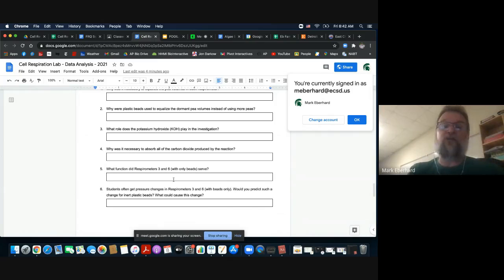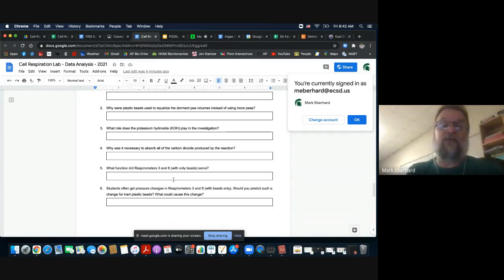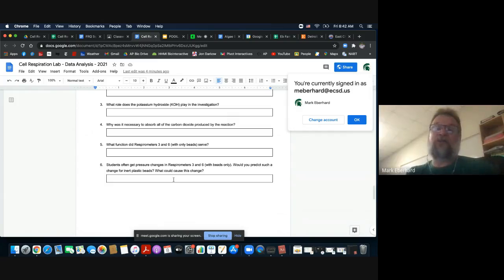Why was it necessary to absorb all the carbon dioxide? I just mentioned that. Respirometers 3 and 6 only had beads. I don't know if this came through. It was just a check on the room conditions. If there was any change in the respirometer with only beads, either you really messed up the experiment, or there was actually a small atmospheric change taking place in the room.